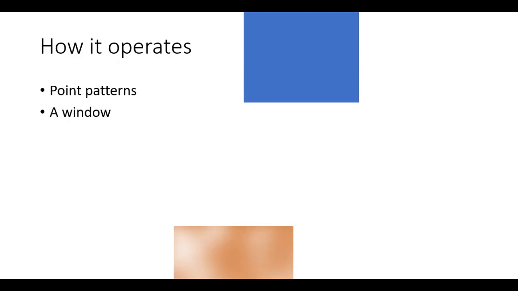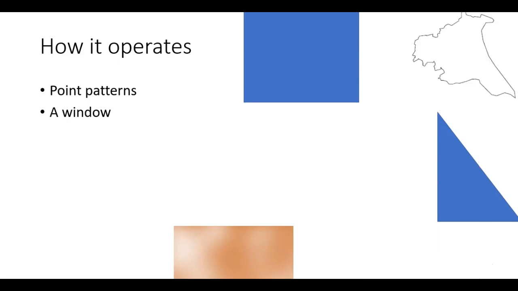When we are dealing with the Spatstat package, when we import our point patterns, we must give them a window. A window may be a rectangle, as you can see, or maybe a triangle, or maybe a polygon with irregular shape.